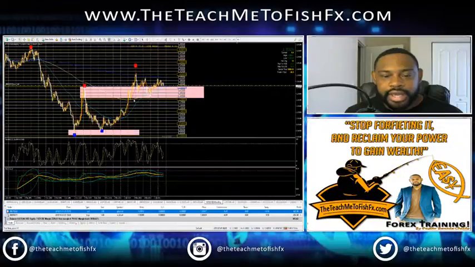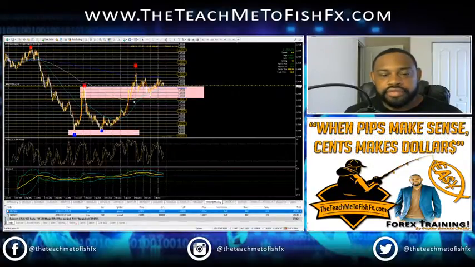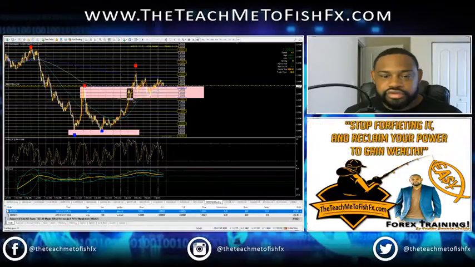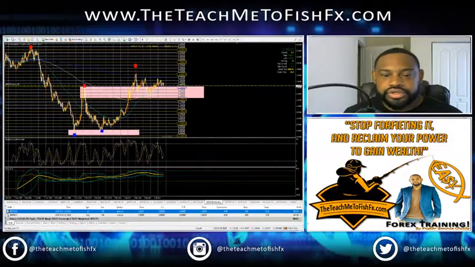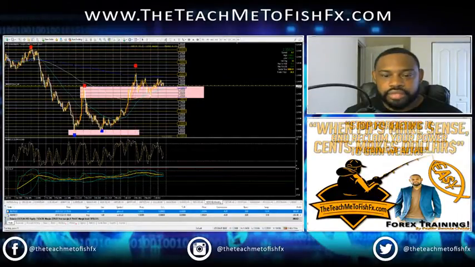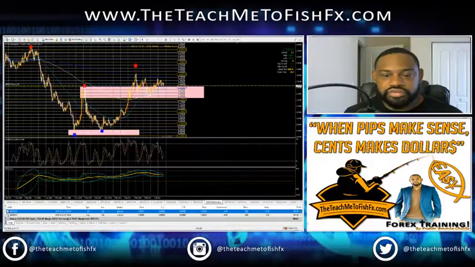Kept going, came back to test the bottom of the zone, which we see here. We have another zone that was created with the consolidation. This right here, I'm going to delete that because that's kind of messing us up. And so it shot up, and now it's just retesting this zone here, the top of the zone.